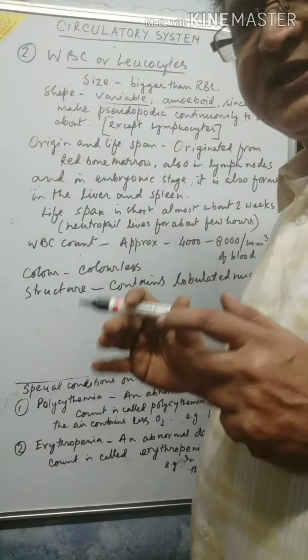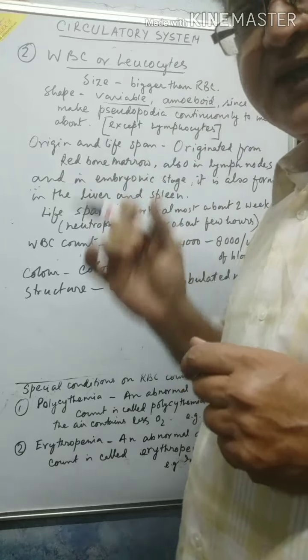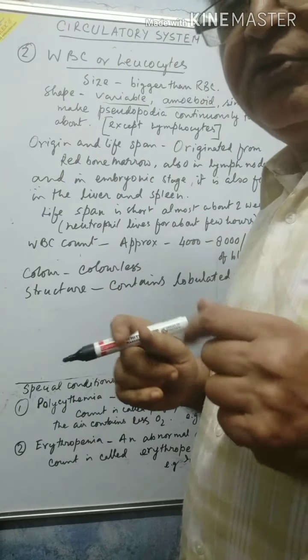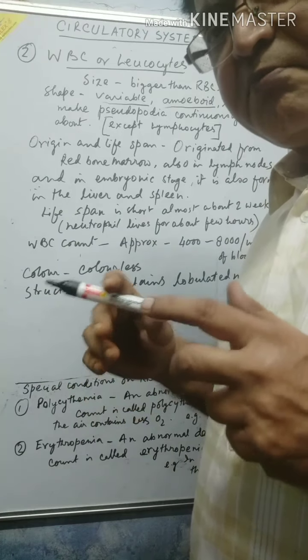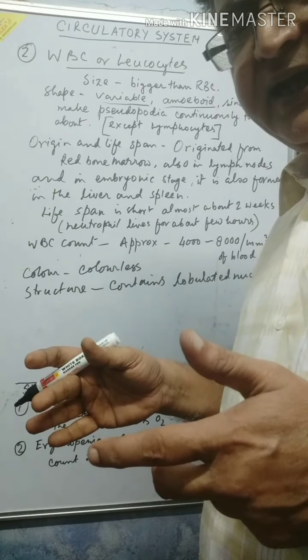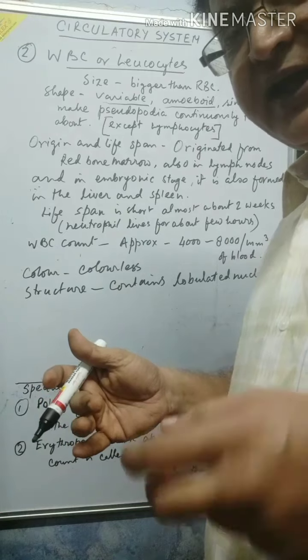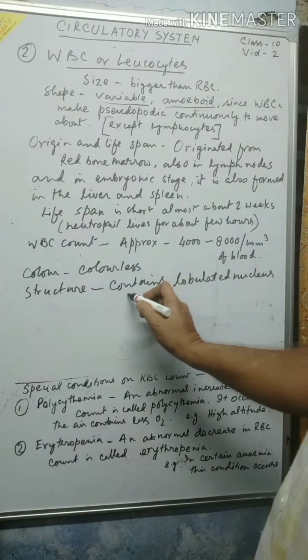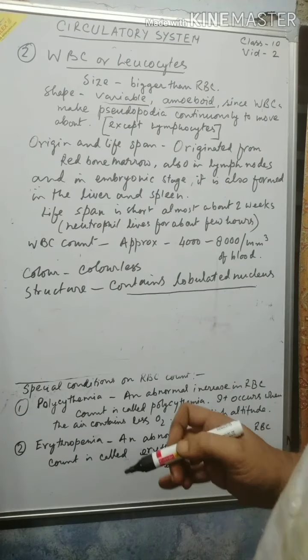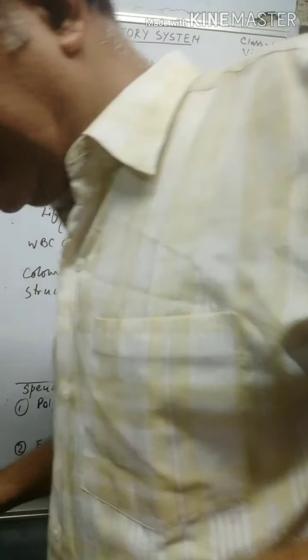The WBCs contain a nucleus, and not only that, they are lobulated. Different types of WBC can be recognized by the number of lobes present in one WBC. Contains lobulated nucleus. So this is the general structure of WBCs.